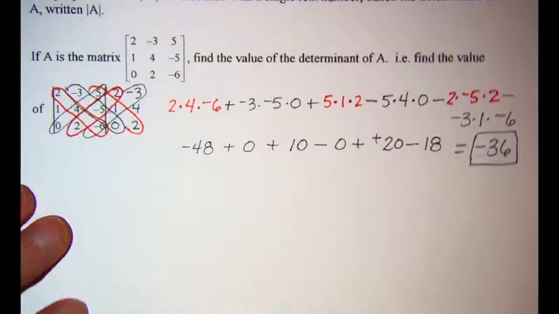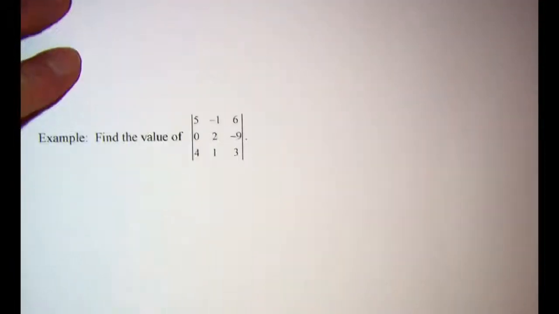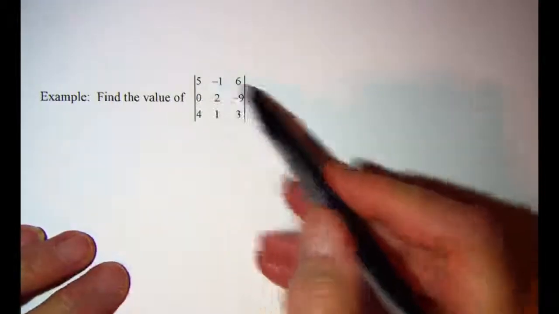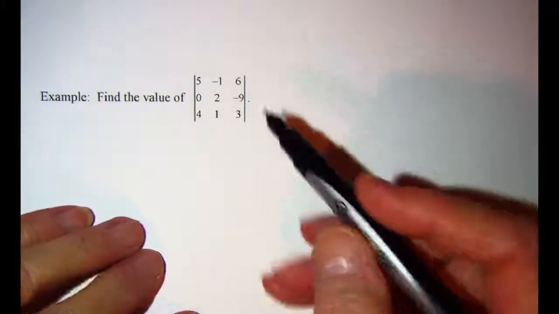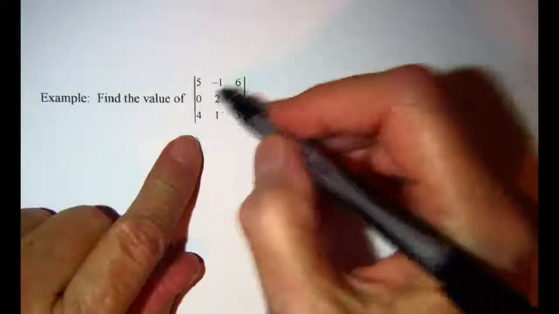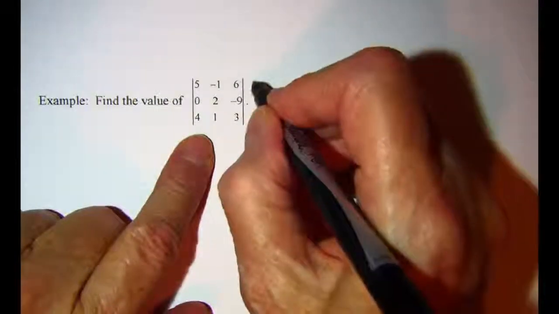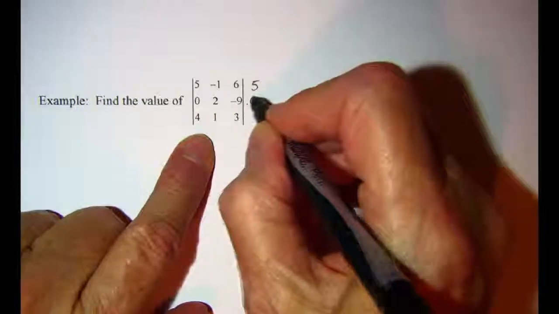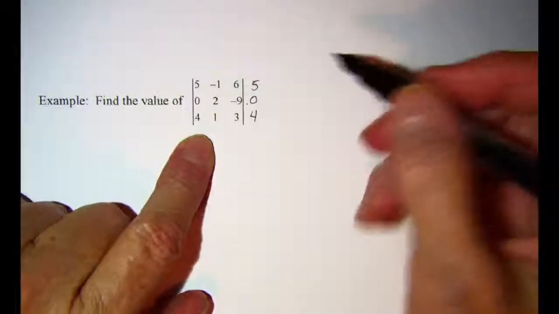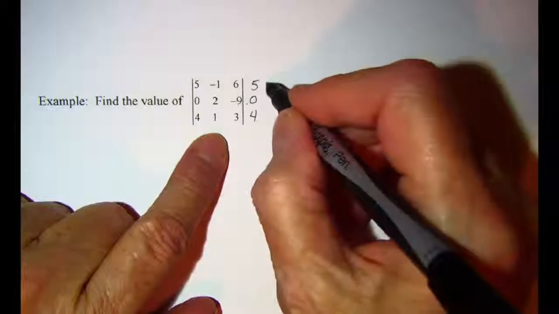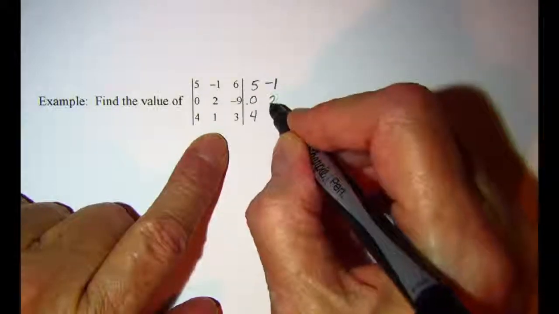Do another one. I'm asked to find the value of this determinant. So I'm going to start by copying column 1, 5, 0, 4, and column 2, negative 1, 2, and 1.